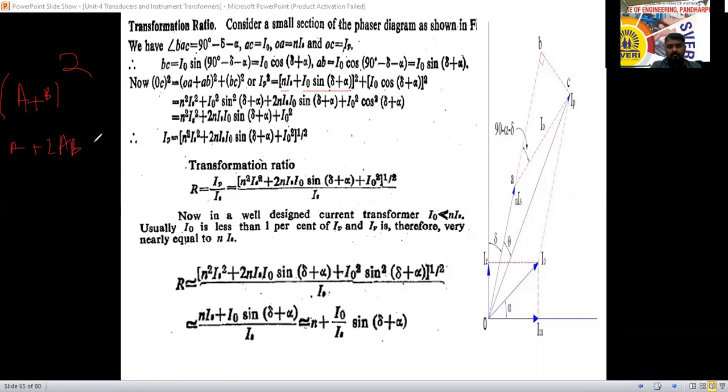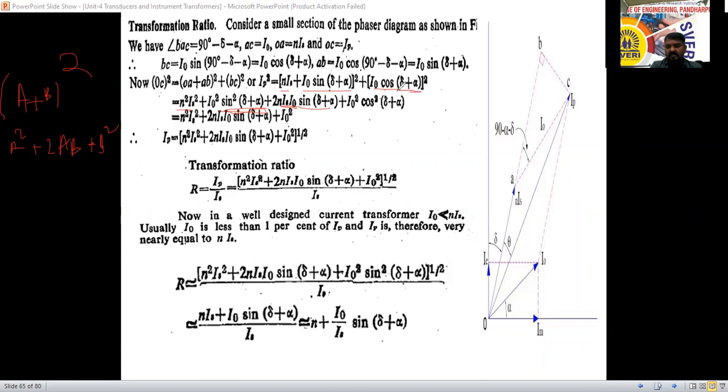So A is nothing but NIS here now, and B is nothing but I naught sine delta here. So N square I square we have written here now, and B square is nothing but I naught square sine square alpha plus delta plus 2NIS I naught sine delta here. This is one complete here now.